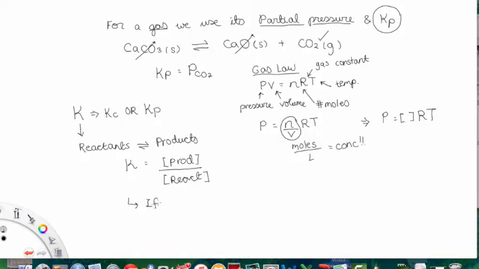If K is really large, so let's say K is greater than 10 to the power of 3, then the equilibrium favors the products, where the equilibrium is shifted to the right.